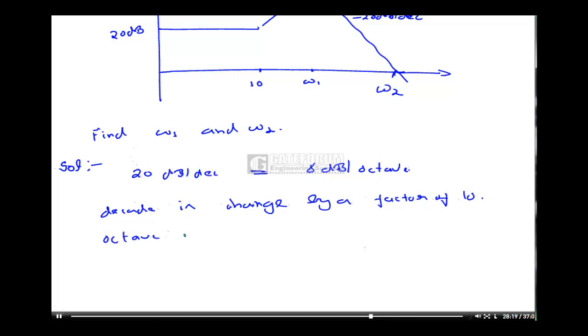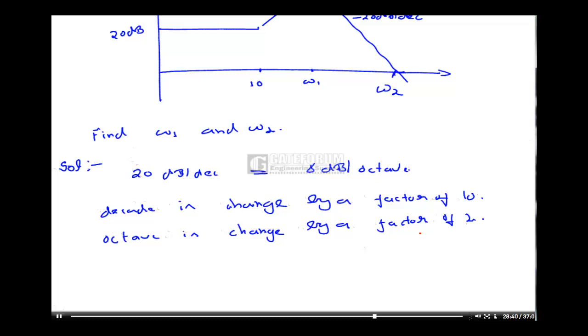Octave is change by a factor of 2. Thus 20 dB per decade, meaning 20 dB per change in frequency by a factor of 10, is equal to a 6 dB change if the frequency changes by a factor of 2.